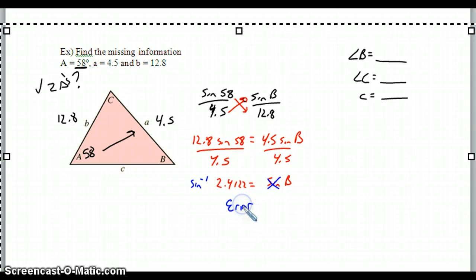And the reason for that is because the sine value, remember we talked in previous lessons, can only be between 1 and -1. So if you're trying to find an angle that has a sine of 2.4, there is no angle that has that. So this leads us to our third type of triangle that we could have, and that is a triangle that does not exist at all. So this would be a no solution.